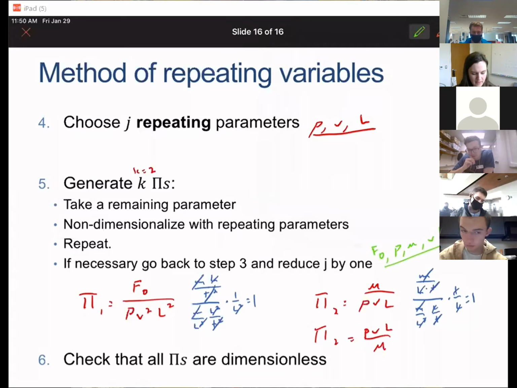So force, drag, density, viscosity, velocity, length, they're all in either one or both of them. And we want them to be independent, which means you couldn't take pi 2 and just square it or multiply it by something or flip it over and get pi 1. If you cover both those things, you can have it.